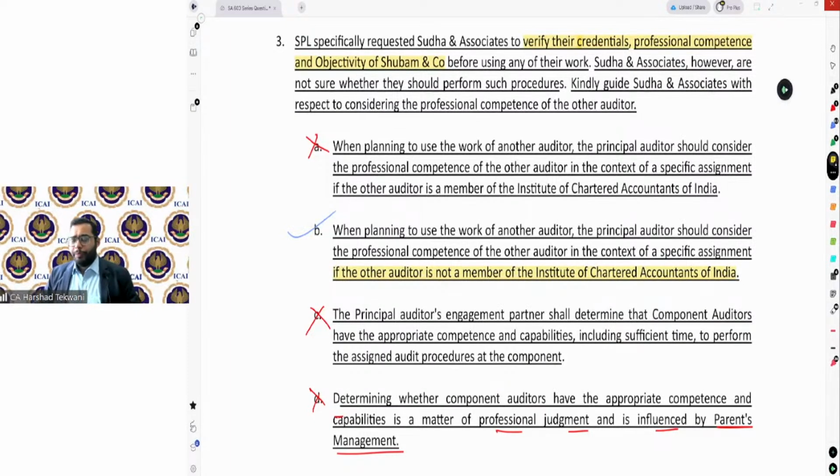Okay, one question. If you are pretty much clear with the concept, can I have two separate auditors?